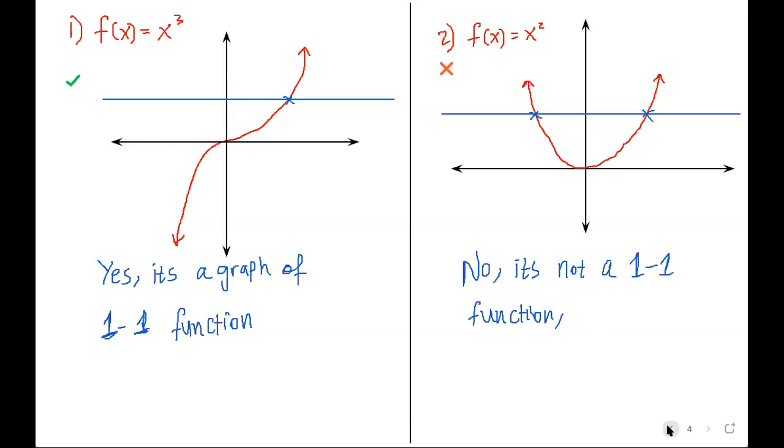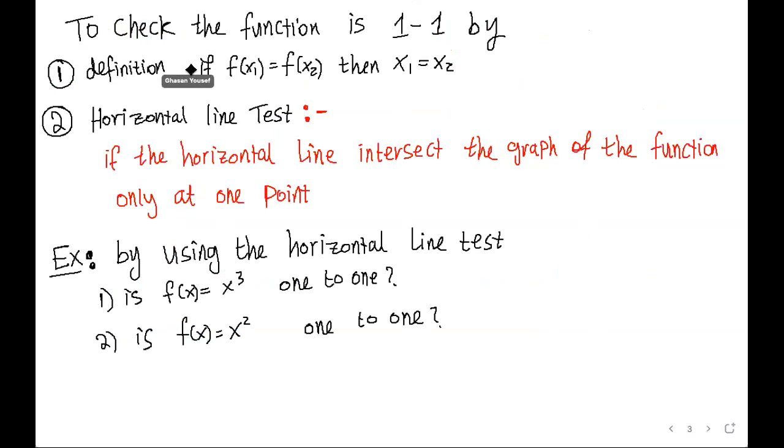What definition do I mean? f of x1 equal f of x2, I have to check: is x1 equal x2? If this is satisfied, this means the function is one-to-one. And I used the horizontal line test in the previous example. Now I'm going to give you an example for the first one by using the definition.